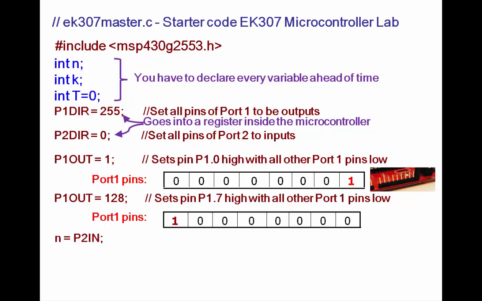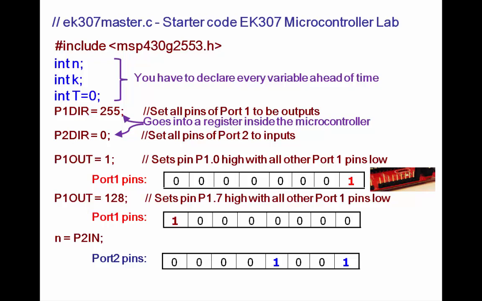Another statement can be used to read data into the microcontroller. Up above, we declared a variable n. In this statement down below, we have set n to the binary digits represented from the outside world, or imposed by the outside world on port 2.